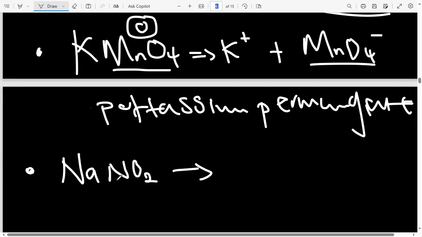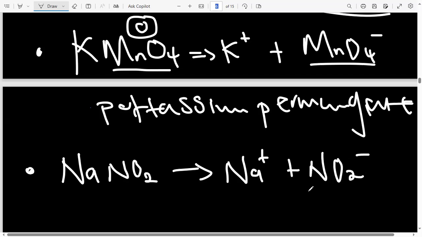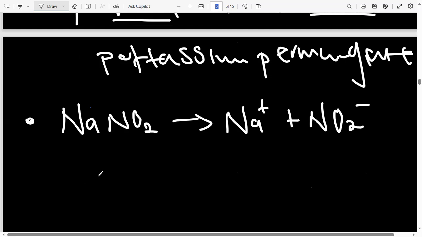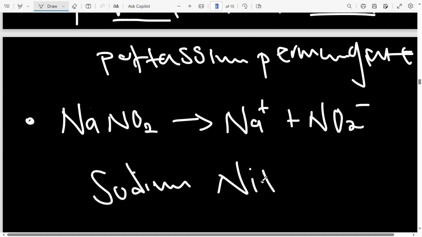If I break this down into its ions, it will be Na+ plus NO2-. So this is a nitrite. The name of this compound will just be sodium. You get the metal first, sodium, and then you write the name of the radical there, which is the nitrite.